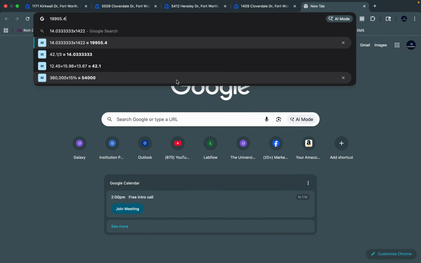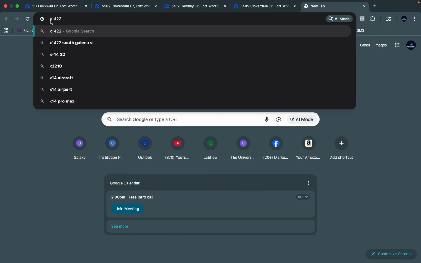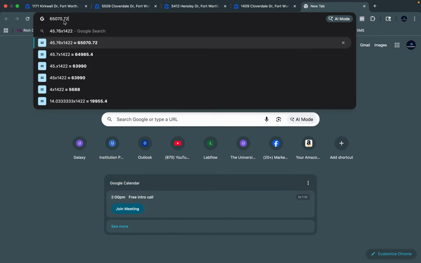In that case, it gives you an ARV that ends up being a little low. So let's say the average price per square foot comes out to about 76. Whatever, the ARV comes out to be about 65,000. Obviously, it's a home, so it's going to be 10 times bigger.